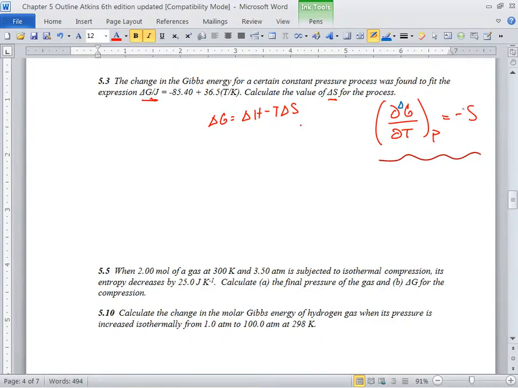If you had a delta here and a delta there, and you know what delta G is, you take its partial derivative with respect to T and you will get delta S. And isn't that what we have? We have a Gibbs energy, and it has temperature in it. Just take the partial derivative with respect to T and we will get delta S, if we can stick in those deltas.